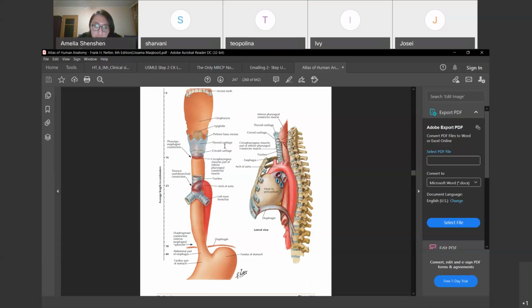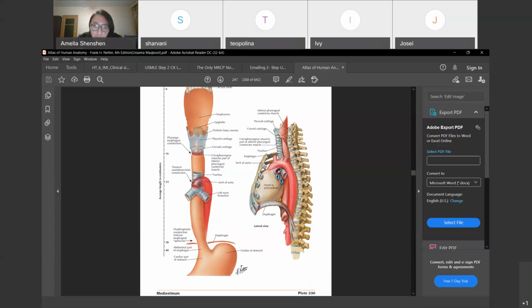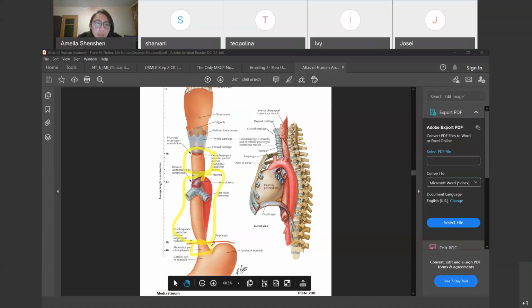Which one is the cervical part? You see that here. Here is the cervical part. Here is the thoracic part. What I'm drawing is very bad. And here is the abdominal part. Three main parts.